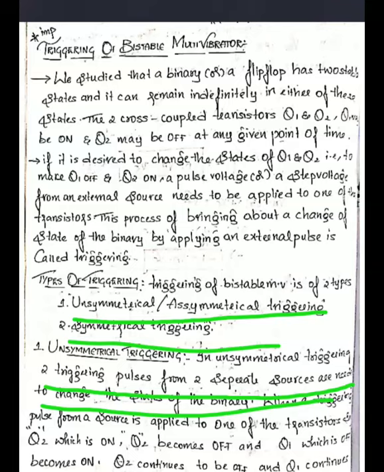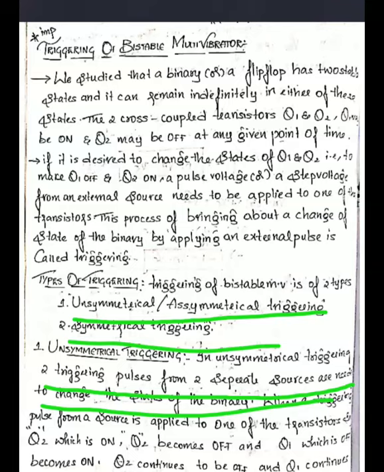So two triggering pulses from two separate sources are needed to change the state of the binary or multivibrator circuit. These are the first two types of triggering, symmetrical and unsymmetrical. So this is the first one, unsymmetrical.